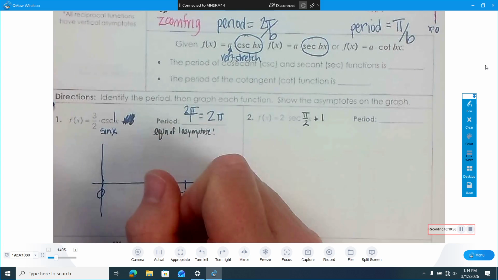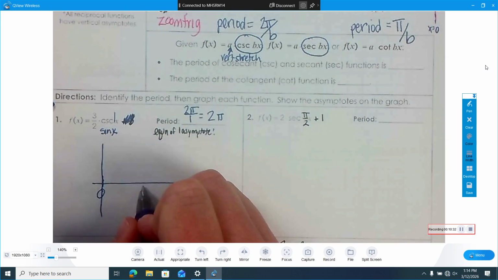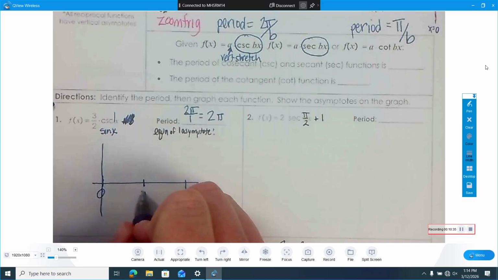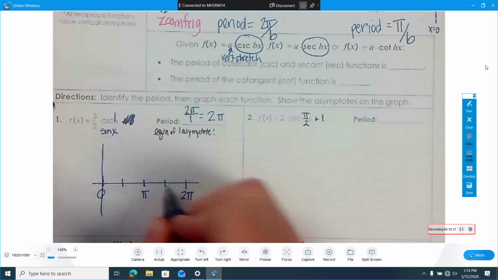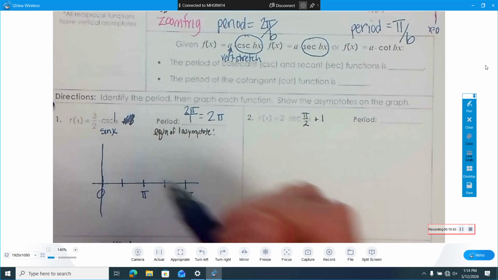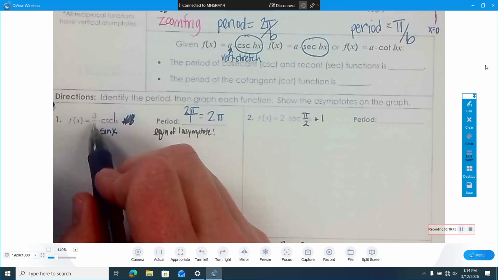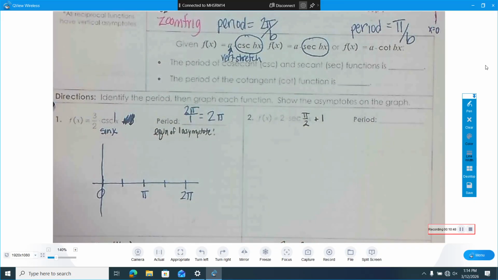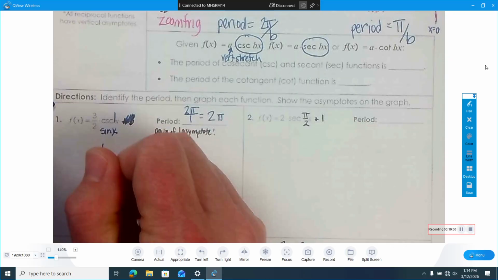So this sine function starts at 0 and ends at 2 pi. What's right in the middle? Pi, okay. And then I can go ahead and just do the other two midpoints there, and I don't need to mark them, just put the little tick marks there. Now, this is my sine function, and it has an amplitude of 3/2, so what's my maximum? 3/2.